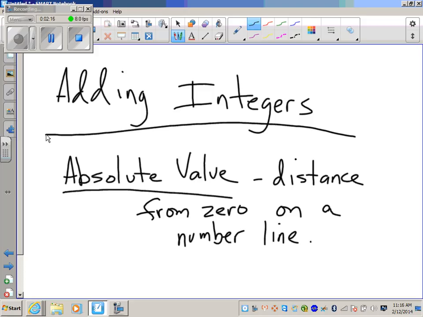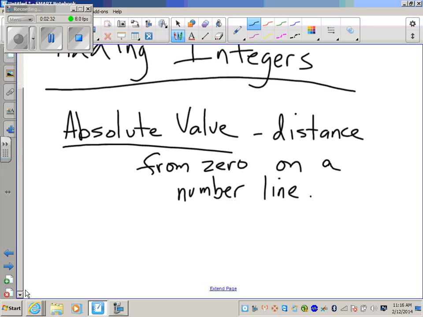Distance from 0 on a number line. Absolute value is indicated by these two vertical bars on either side of the integer.